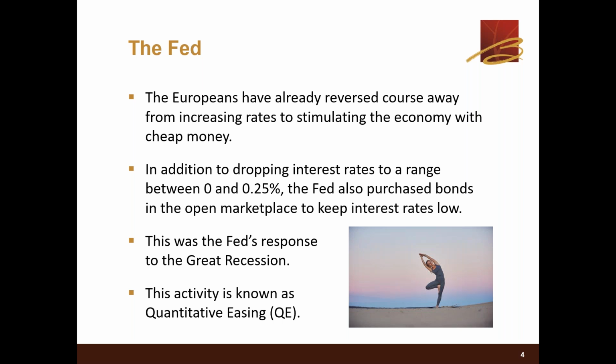A second part of their response to the Great Recession was to also go into the open marketplace and purchase bonds to basically take them out of the marketplace, which would help keep interest rates low and stimulate the economy. This activity, the drop in interest rates and the Federal Reserve building up their balance sheet in terms of purchasing bonds in the open marketplace, this is known as quantitative easing, or QE.